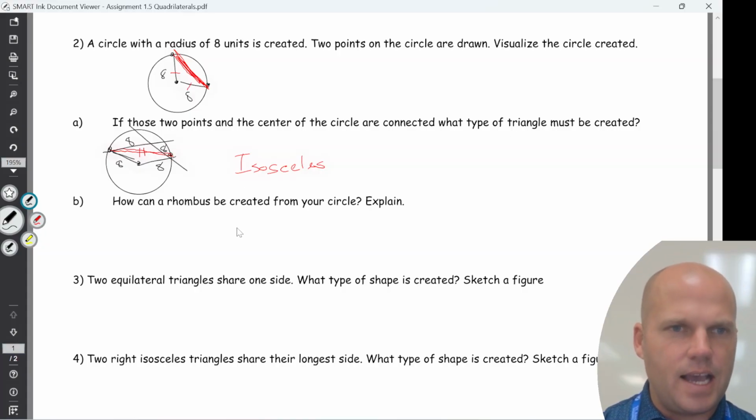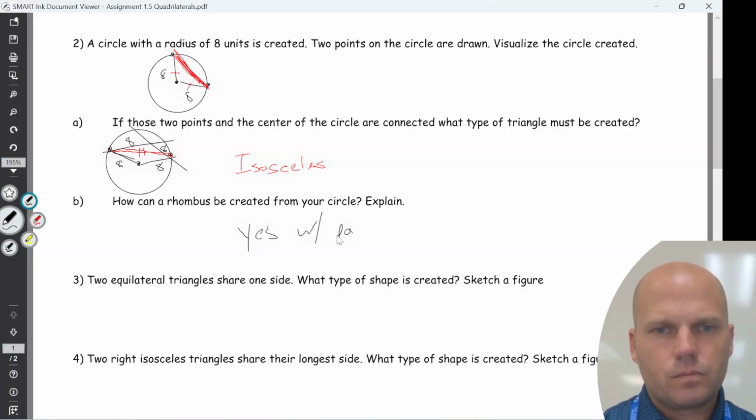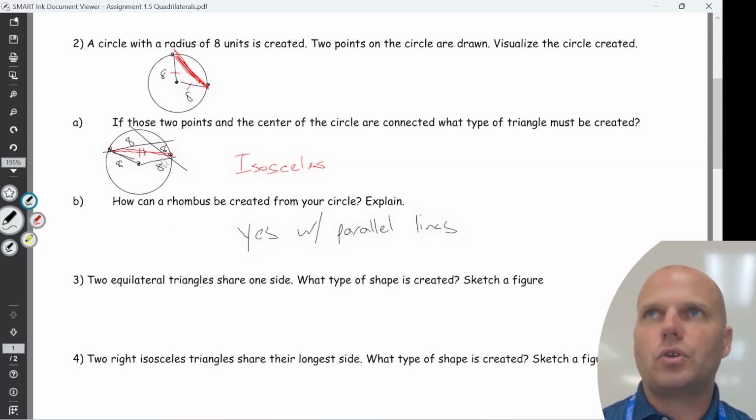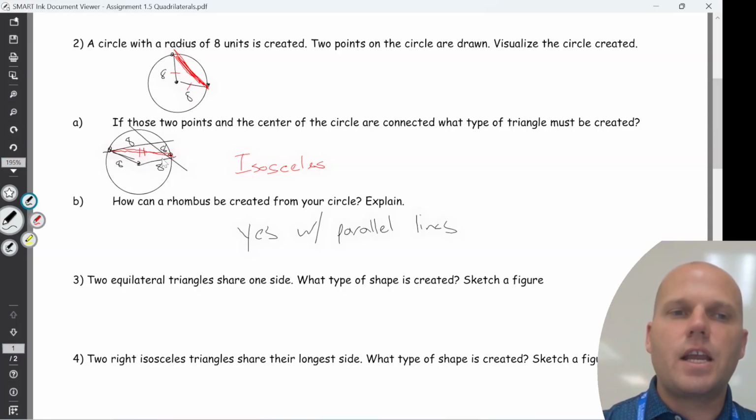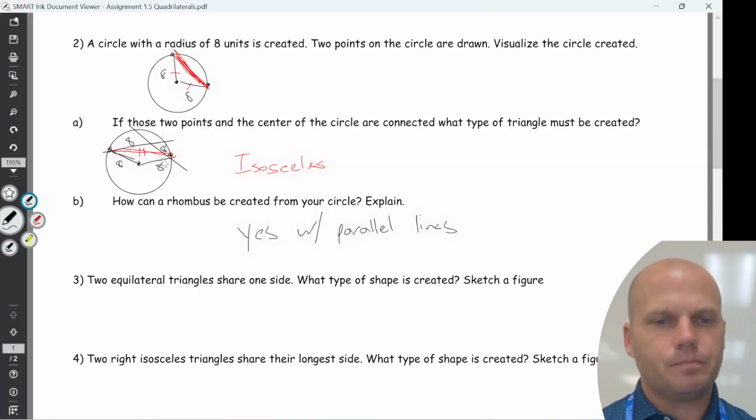So I'm saying yes with parallel lines. Provided we have the circle started, the intersections of the two parallel lines would end up recreating the circle with the idea of our lengths being the same.